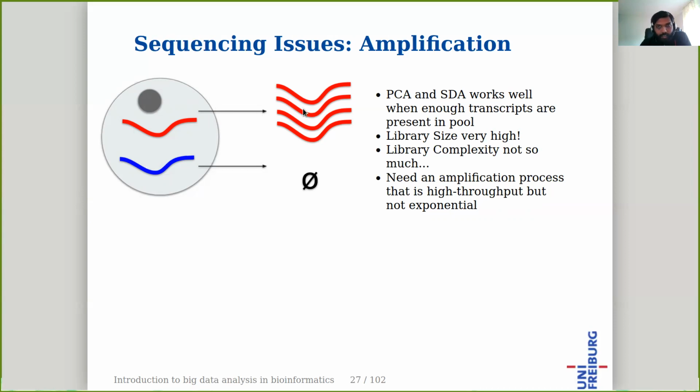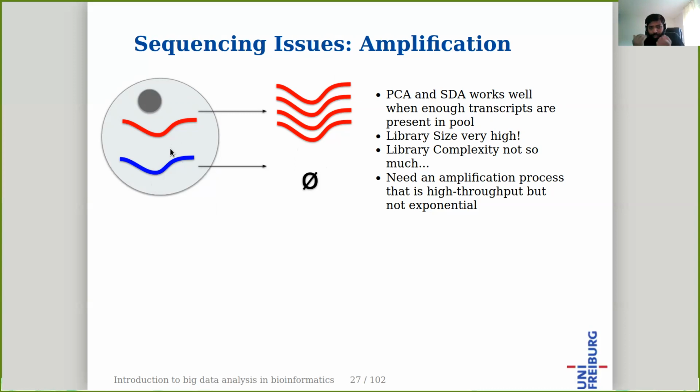PCR or SDA sometimes works well, because sometimes they pick up one of these fragments. For example, in this case, a red transcript is chosen and then amplified multiple times, but these methods may miss this blue transcript, and then they just do not sequence it because these two transcripts are really low in number.